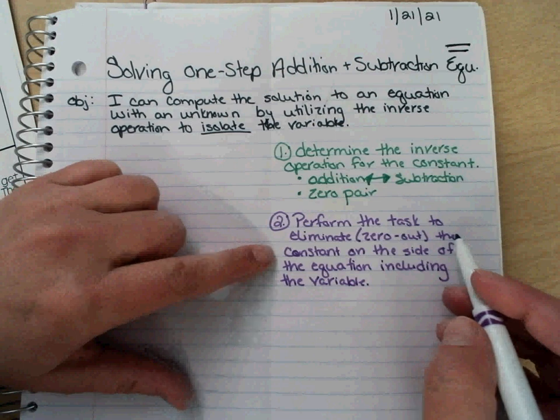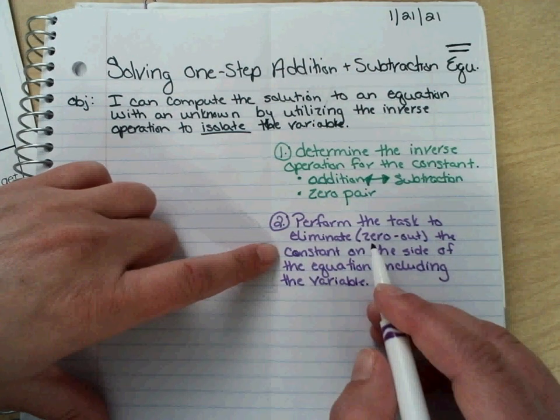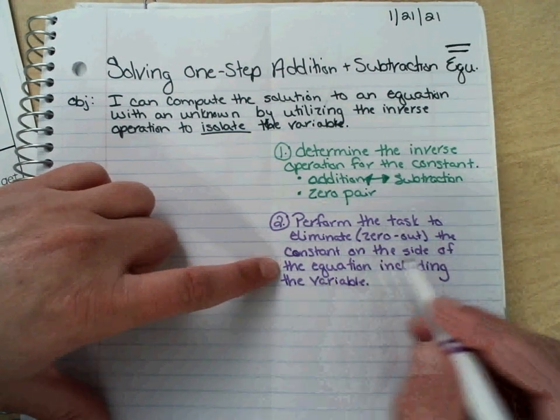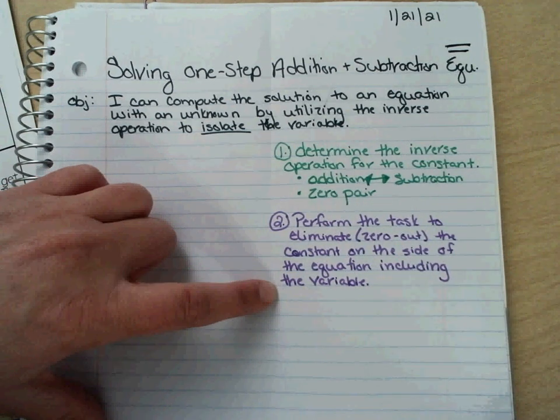So you're going to perform the task to eliminate or zero out the constant on the side of the equation that includes the variable.